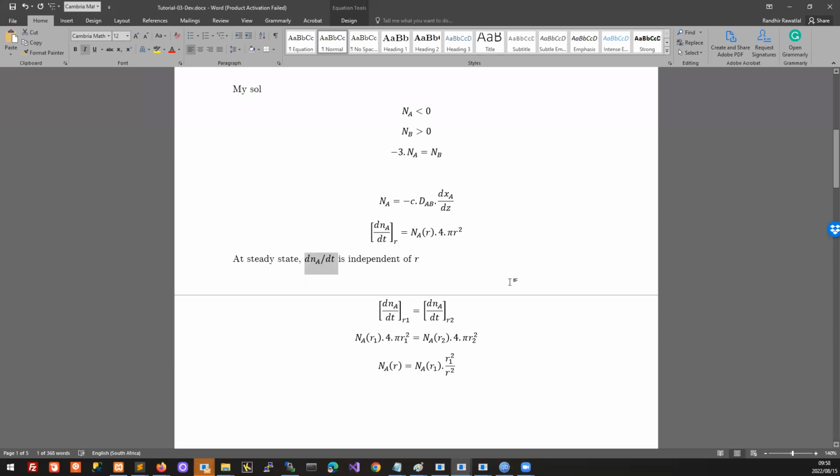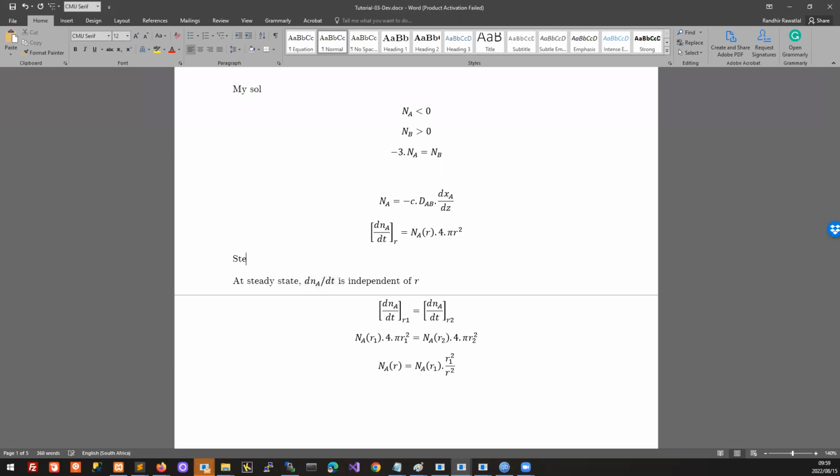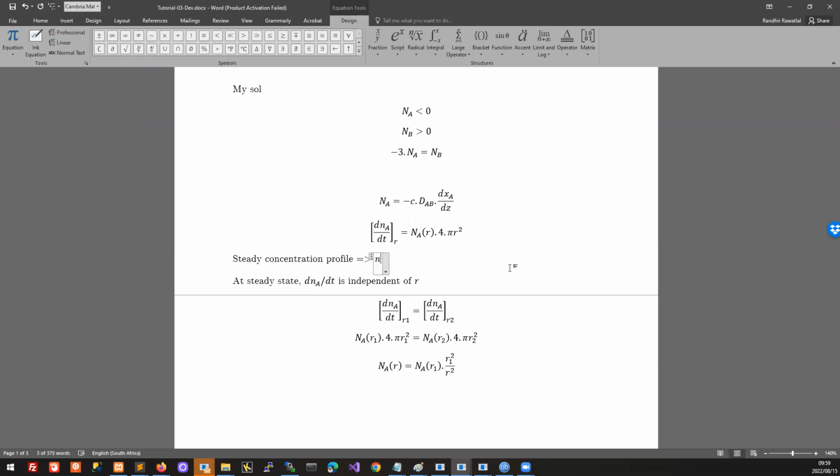So this comes from saying that we have a steady concentration profile. If the concentration profile is steady, that means NA for all positions R and all times T is constant.